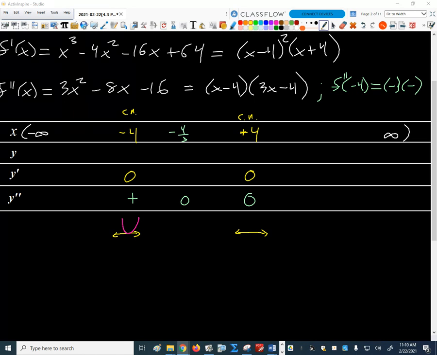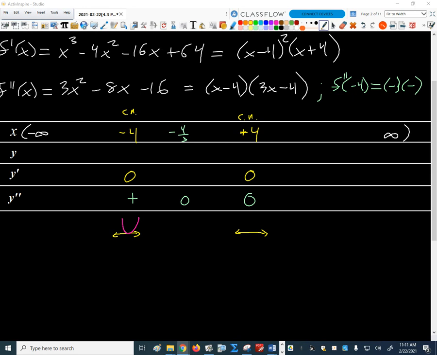I need to know what's going on at my critical number at +4. How could I check? The second derivative is not going to work. So what could I do? Suggestions? Second derivative test doesn't apply. How about the first derivative test? Yeah, why not?